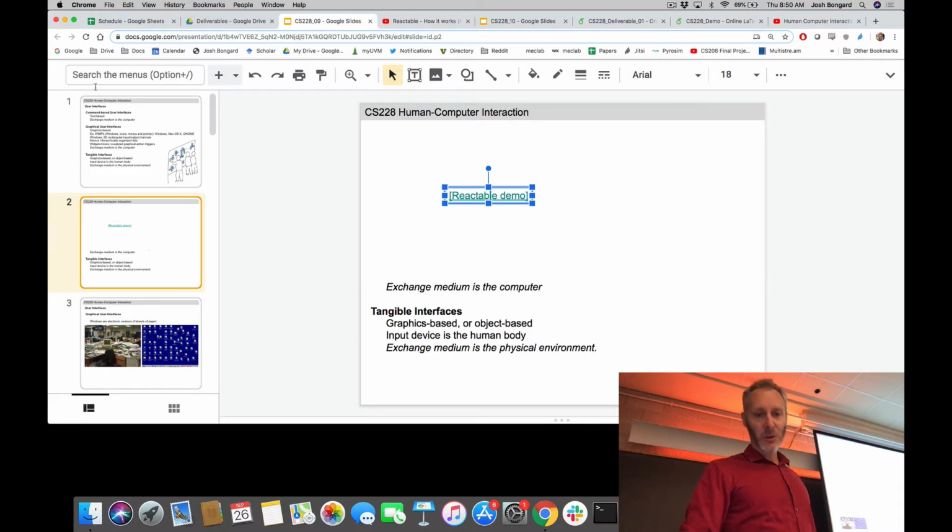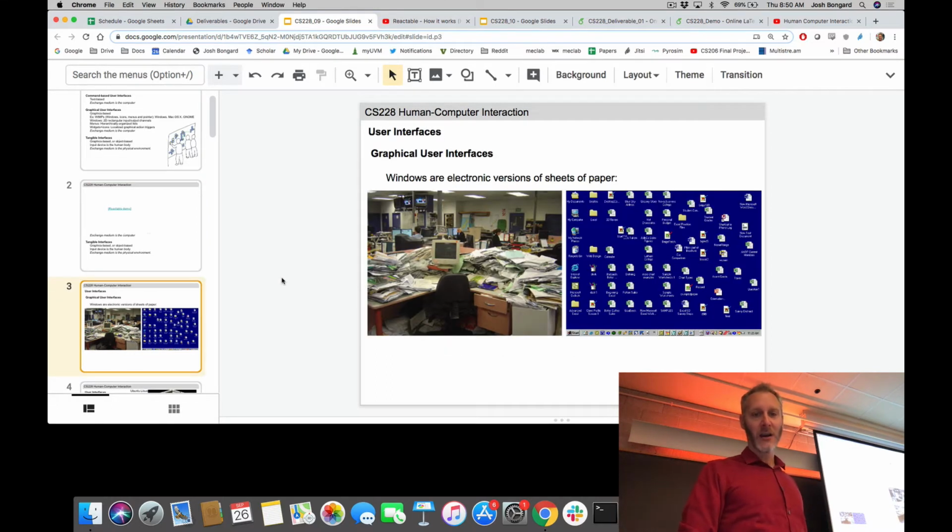Okay, tangible interfaces are not the only interfaces that allow visual and auditory metaphors. Obviously, GUIs back in the day were designed to allow you to translate your very messy desk into a very messy desktop. What are some of the metaphors in a GUI?